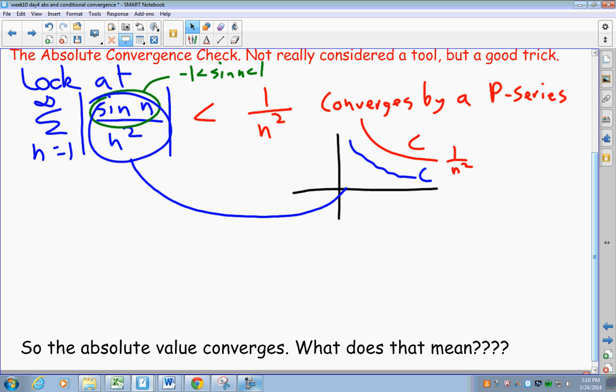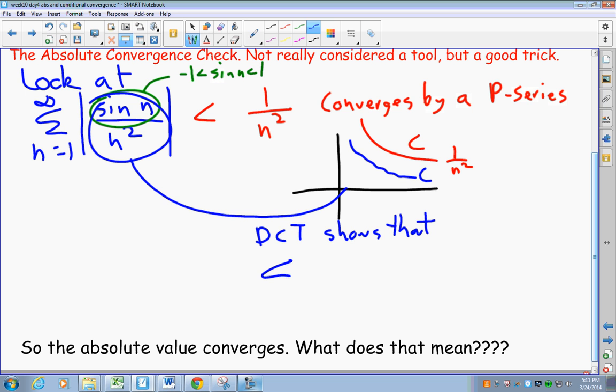So I know the absolute value guy converges by, what is that called? The direct comparison test shows that the sum from n equals 1 to infinity of sine of n over n squared, that whole thing, absolute value, converges.